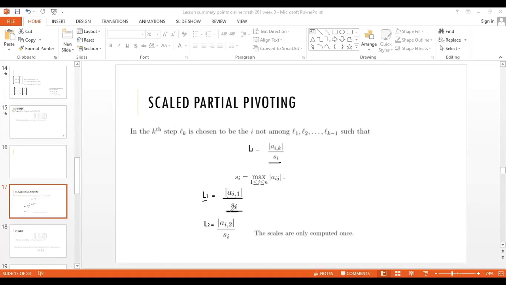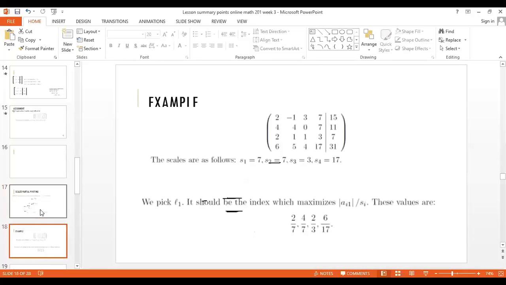Then in our explanations on Monday, we also said that to select a pivot at any step, you have to find your Li. But our scales Si, the maximum value in each row, are only estimated once.